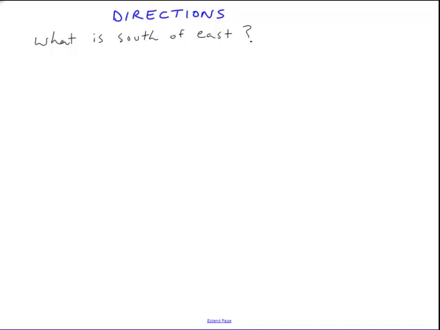Let's talk about those direction things as a bit of review from last year. Again, I'll put in, this is my north. So what is south of east? What does that look like? South of east. Well, east we know looks like that. And then we know that south of east means we're going this way of east.